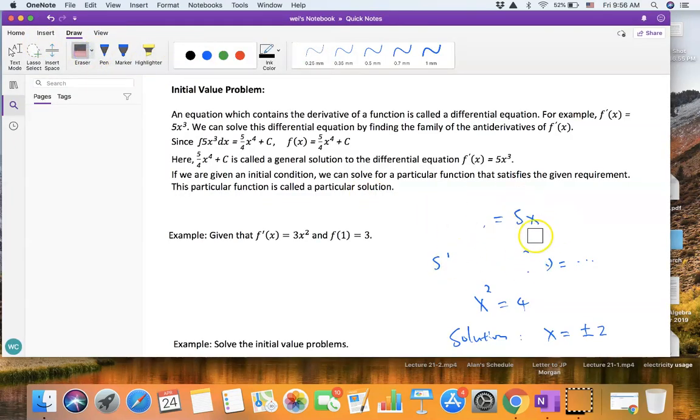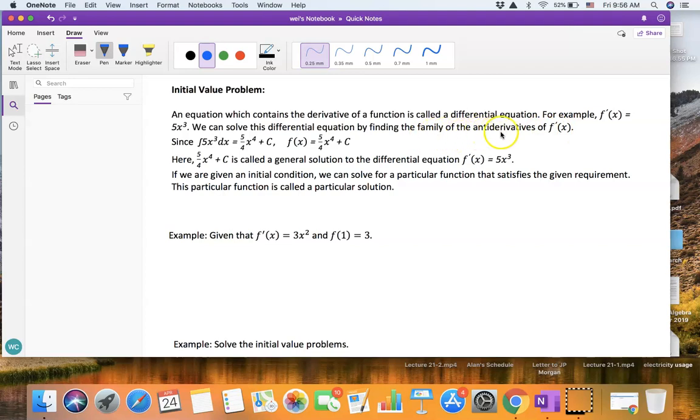Okay, so to solve a differential equation, we want to find the family of the antiderivative of f prime of x, right?